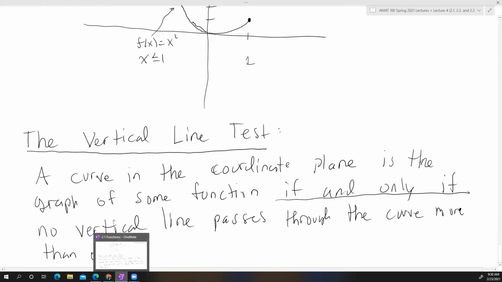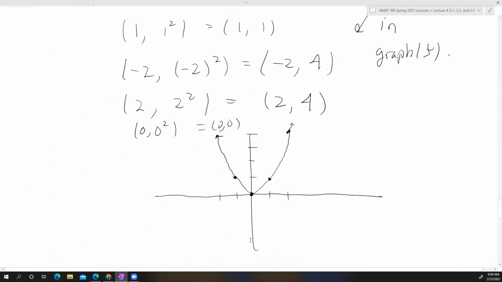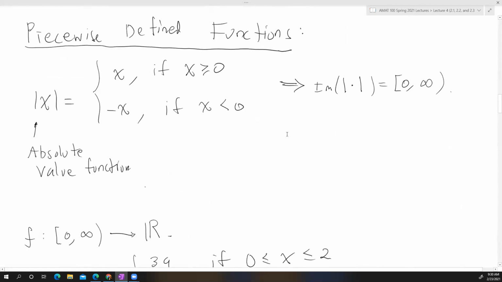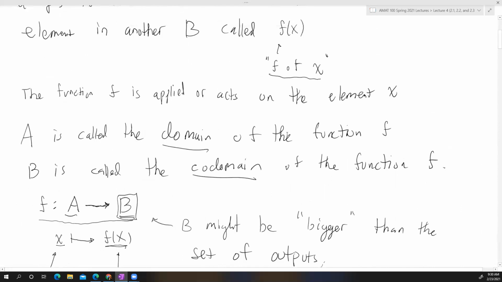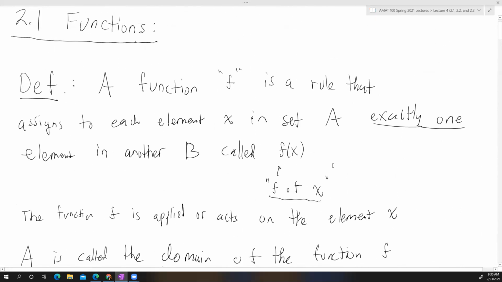But if it intersects the curve at more than one point, it can't be the graph of a function. And why is that? Well, let's go back to our notes from 2.1 where we gave the definition of a function, and it'll be clear why that can't be the case.